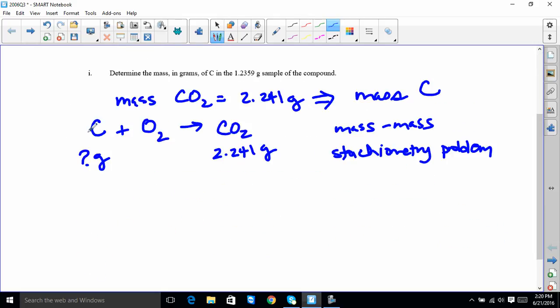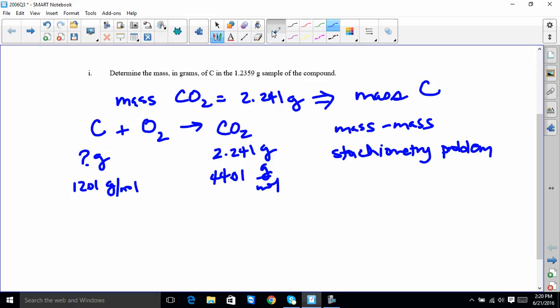Remember, the most important concept in all of chemistry is the mole. So I'm going to add 12.01 plus 2 times 16, and when you do this, this is 44.01 grams per mole. And then this is 12.01 grams per mole.